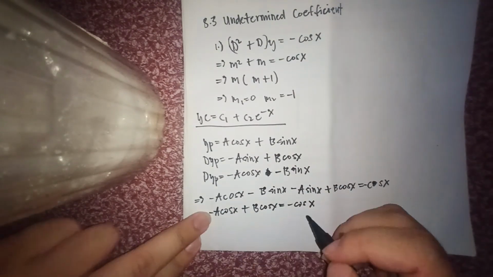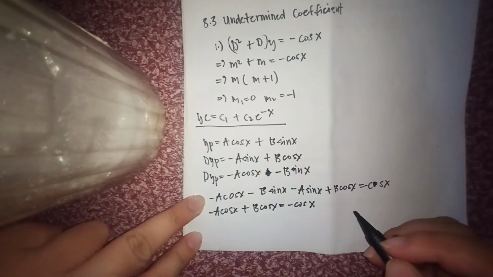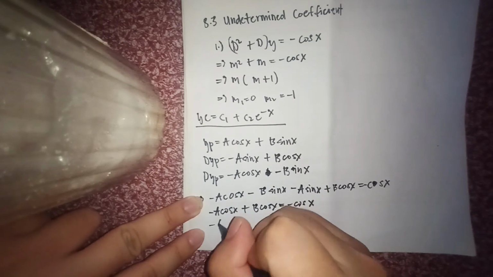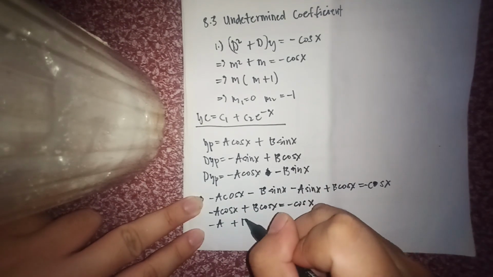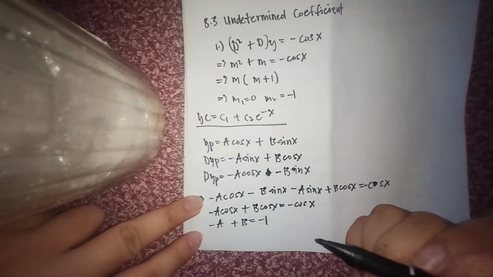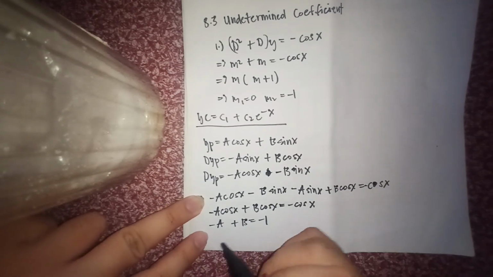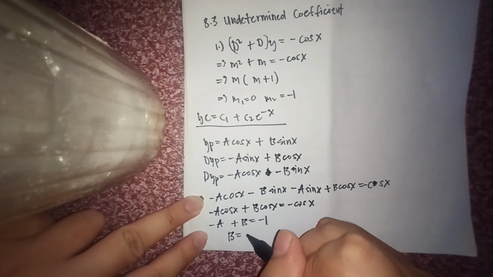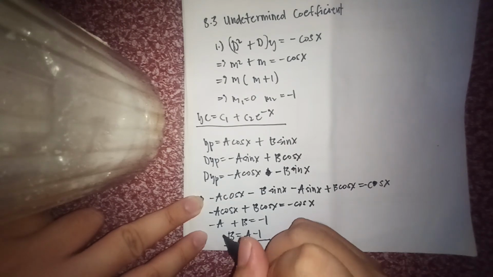So we have to multiply both sides by 1 over cosine x. So we have a plus b is equal to negative 1, right? So after that, we have the value of our b, which is equal to a negative 1. So this is the value of our b.